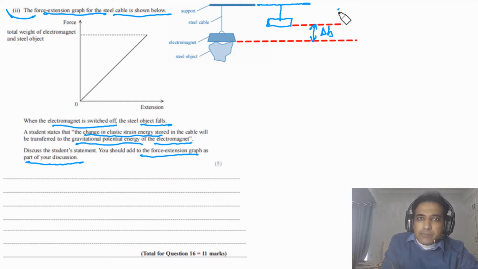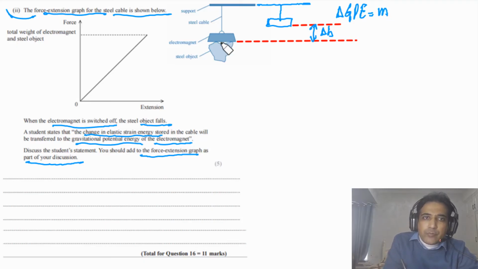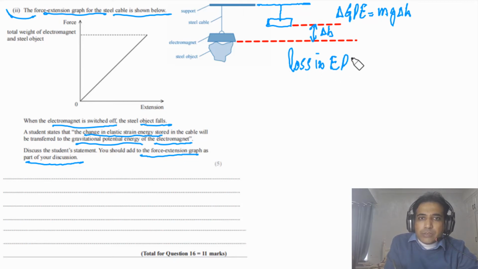So in this case, can we say that the change in gravitational potential energy, meaning the gain in gravitational potential energy, will be equal to the mass of this electromagnet times g times delta H. And the student is saying that the loss in elastic potential energy is equal to delta GPE, or we can say the gain in GPE.